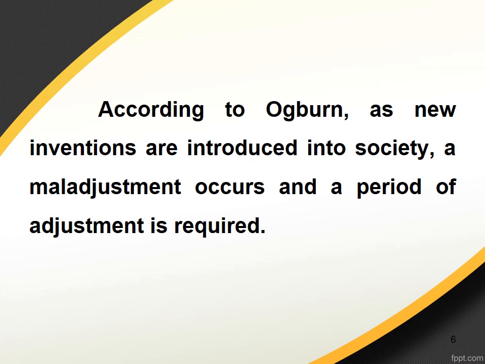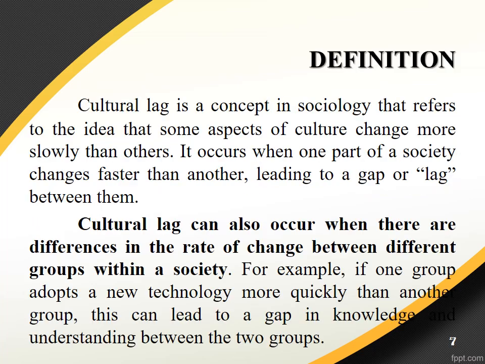We are unable to pay our attention towards some process. So the period where the maladjustment occurs is defined as cultural lag. This definition is given by Ogburn, who is the propounder of cultural lag theory.